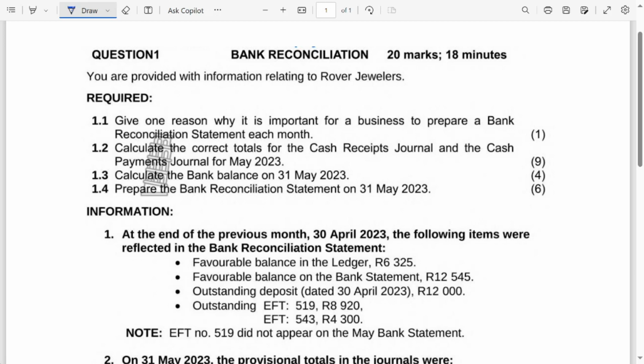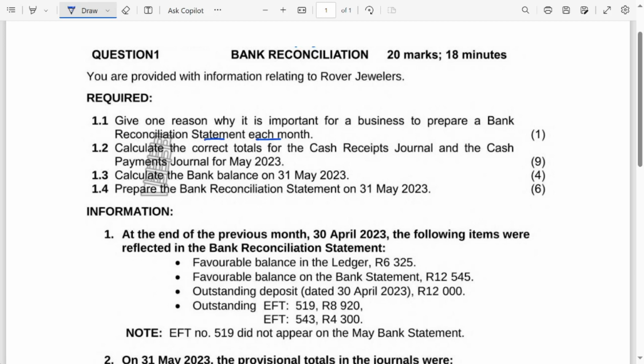1.1 is saying give one reason why it is important to prepare a bank reconciliation each month. The reason it is important is because it helps the business to detect errors or omissions early by preparing the bank reconciliation each and every month.